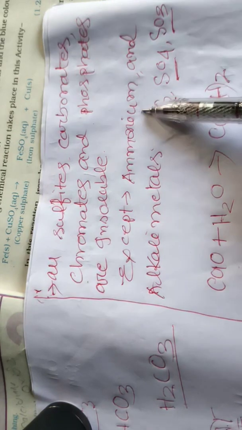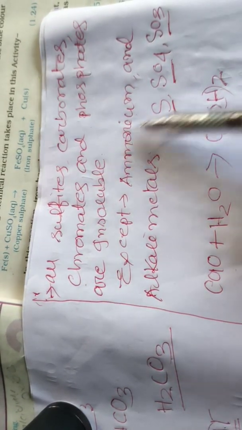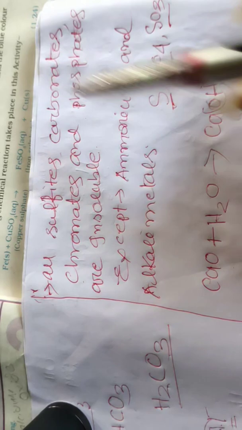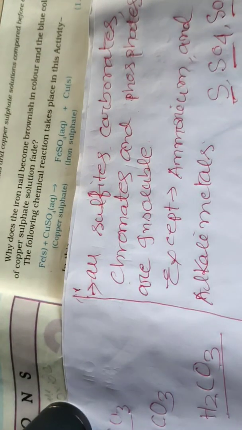If a product is a sulfite, carbonate, chromate or phosphate, it will be insoluble, that is, it will sit at the bottom of the test tube, except ammonium and alkali metals. Alkali metals means the elements of the first group of the periodic table. So if it is ammonium sulfide, ammonium carbonate, ammonium chromate, or ammonium phosphate, then it will be soluble. Okay, it will not precipitate.